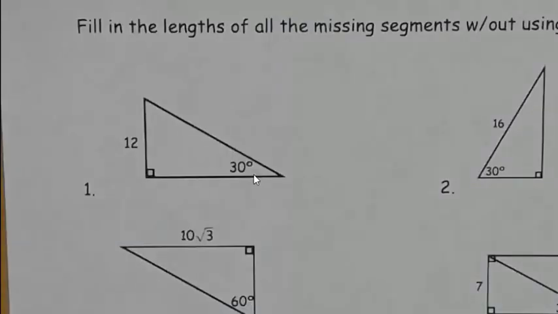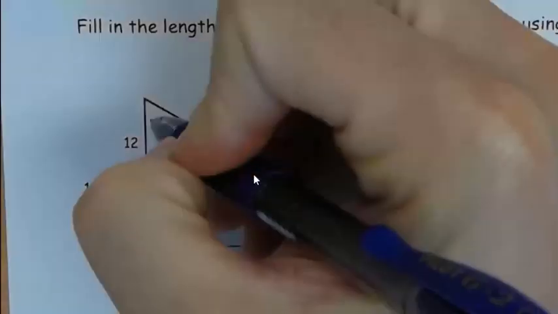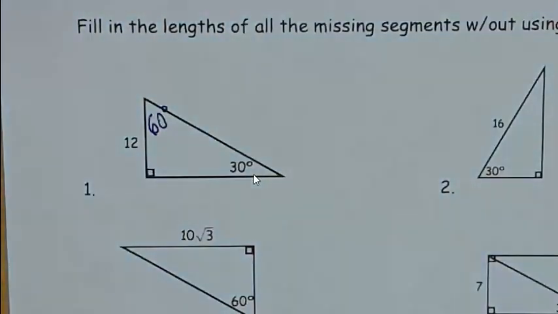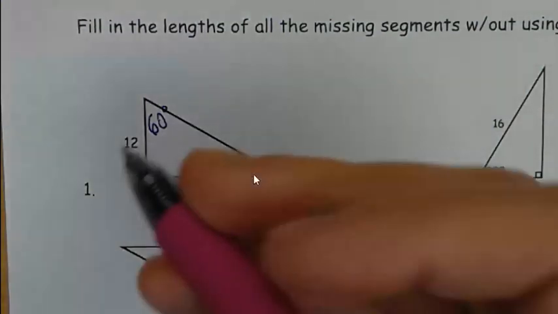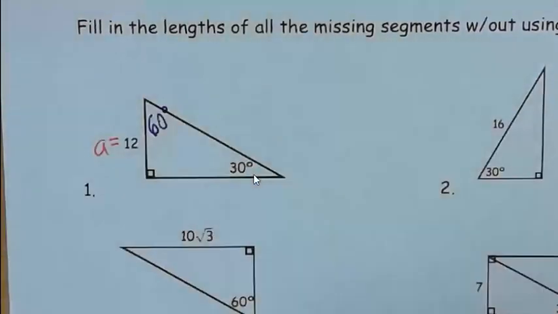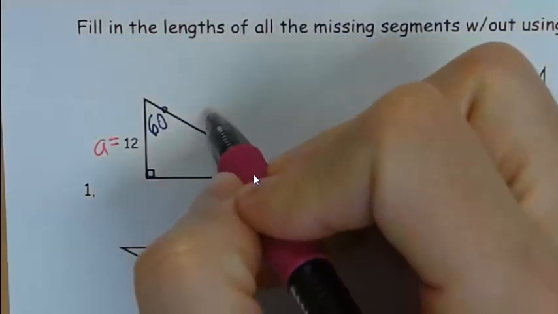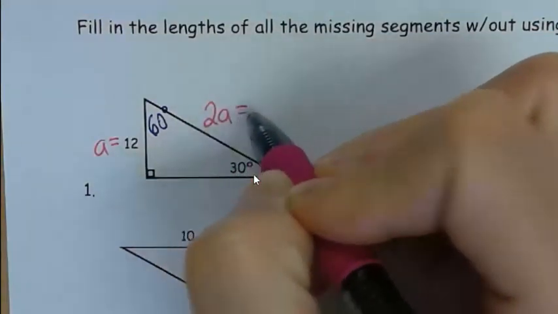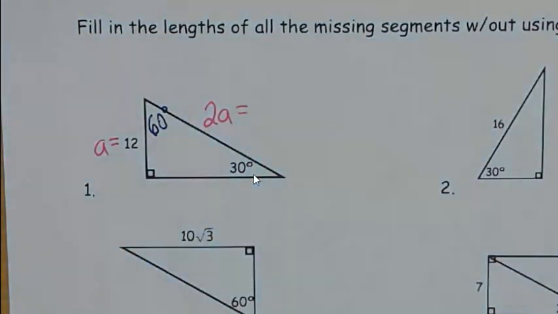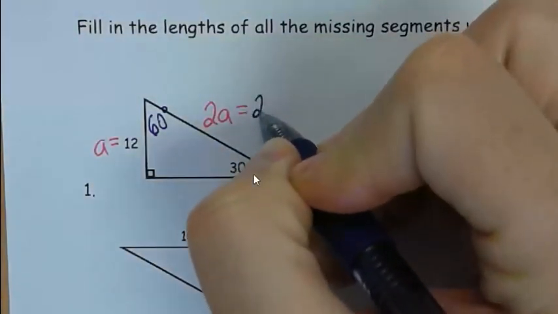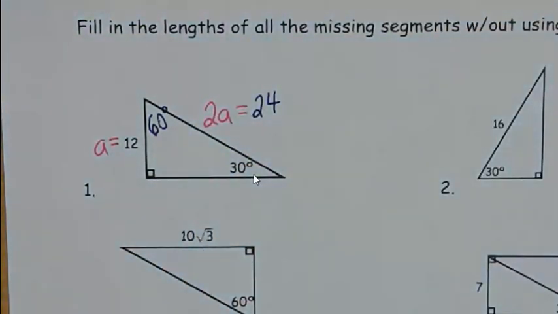We're now going to start on the 6 example problems that we'll be working through. So in number one, we want to fill in our missing angle as 60 degrees first. And then we want to label our triangle with our pattern so we can use it to solve for the two missing sides. So our 30-degree side is opposite, that is our A. We already know that our A is equal to 12. Our hypotenuse would be 2A, so 2 times our A of 12 makes 24 for our hypotenuse side.